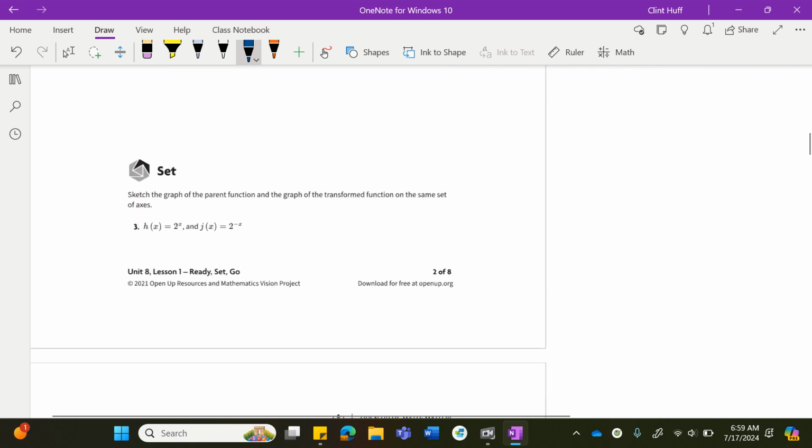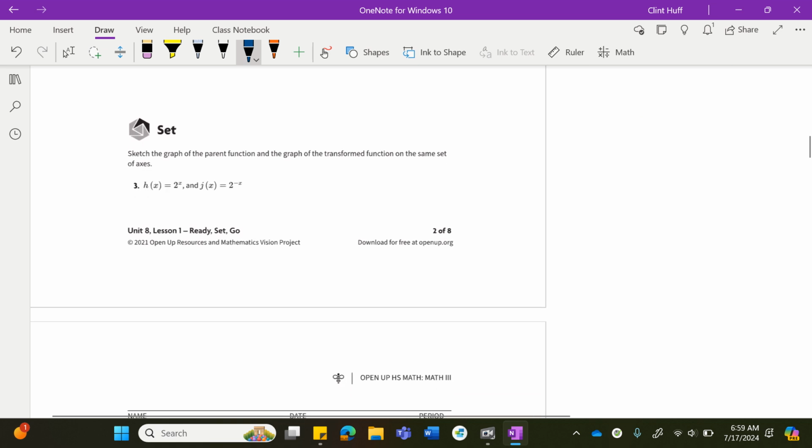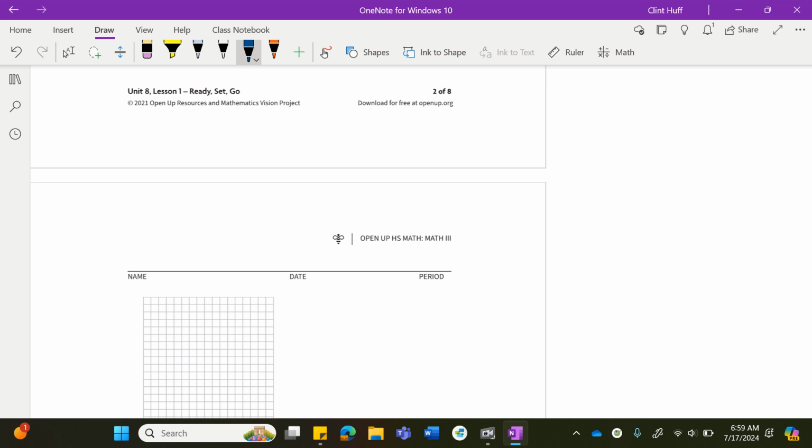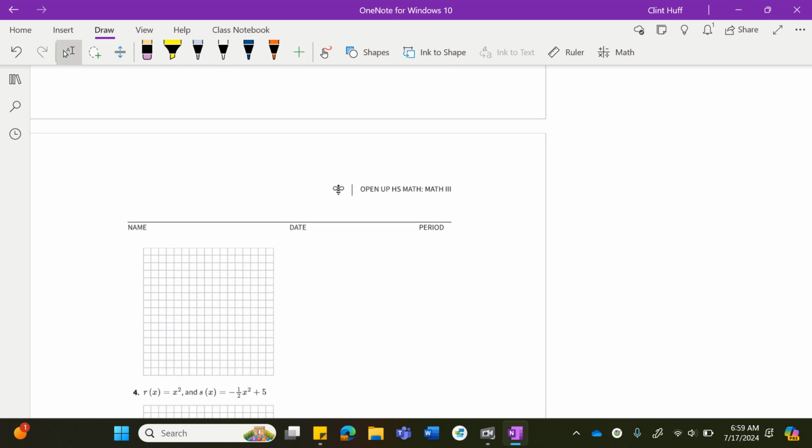Okay, so into the next section, we're going to graph 2 to the x and 2 to the negative x, and I'm going to take a stab at doing this by hand. Excuse my lack of accuracy, it's not Desmos. All right, so h of x is 2 to the x, an exponential function that comes up like that.